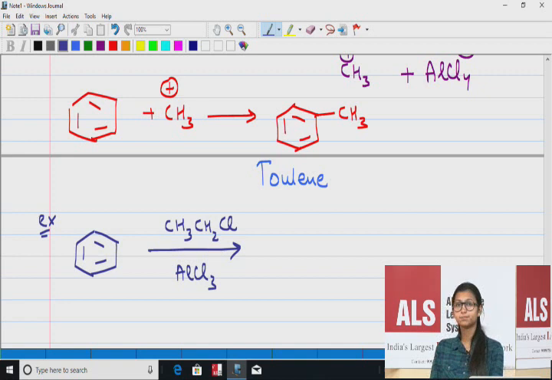Ethyl benzene is the product which the Sercon center got. Let's see what the other centers are getting. What is the answer?